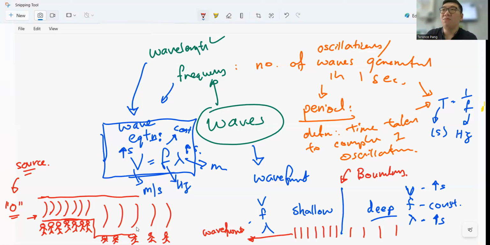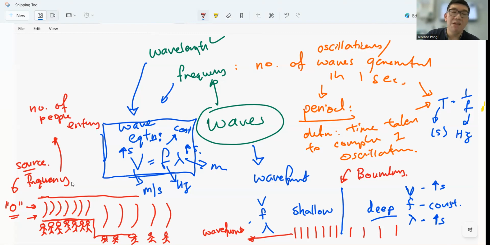But in both situations, the number of people entering, which is the frequency, is the same. It remains the same at all times.